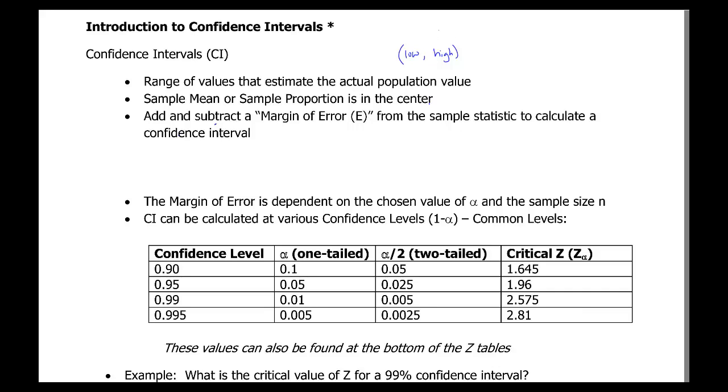And you expect that the population parameter, if it's a proportion or a mean, is in the confidence interval.